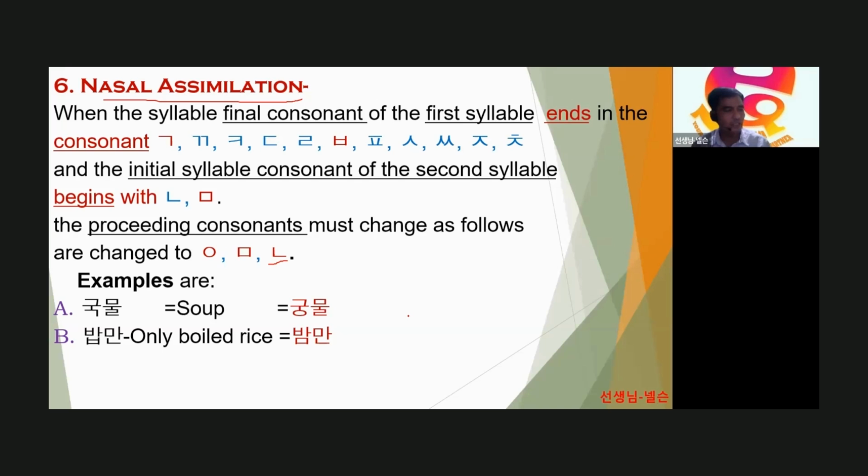Kamsahamnida. Okay, so yung hindi ko yata nailagay doon sa yung mga names nila kasi bago lang kasi yun eh.